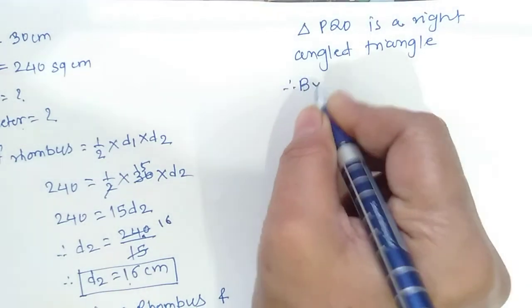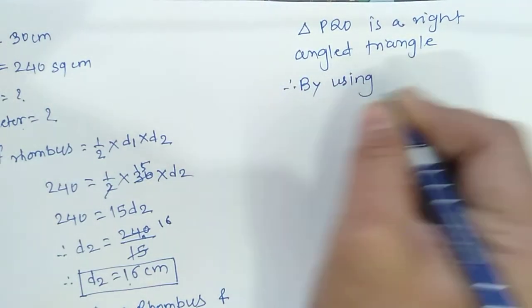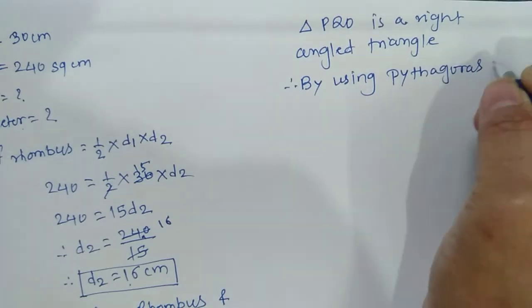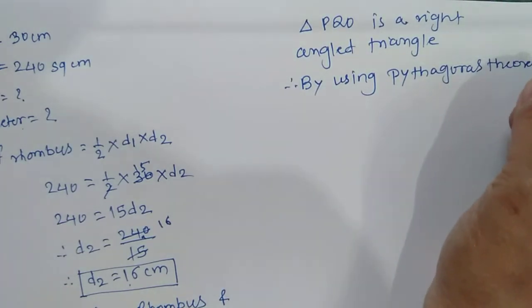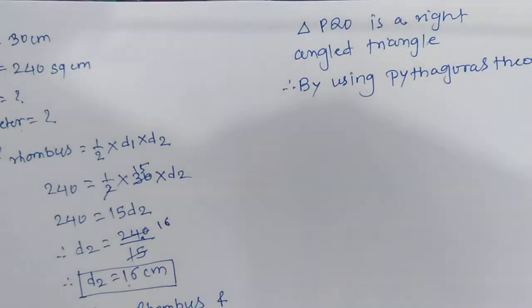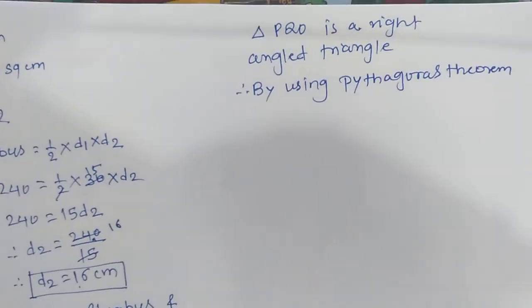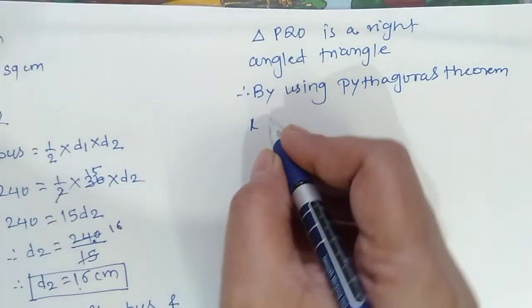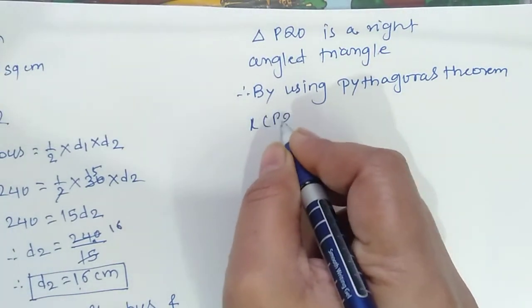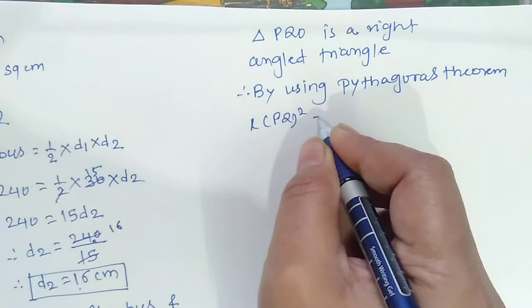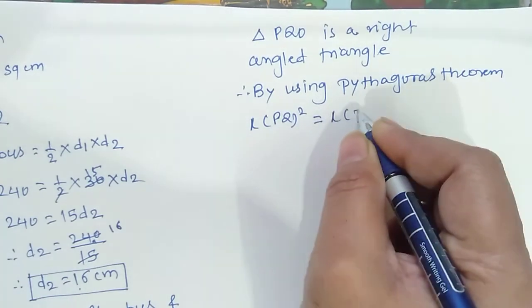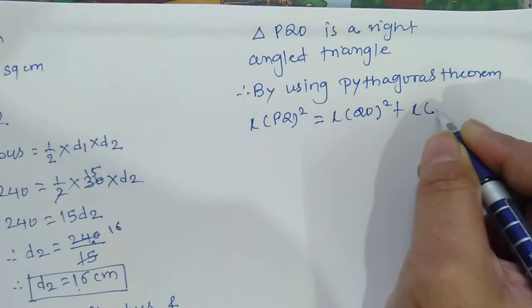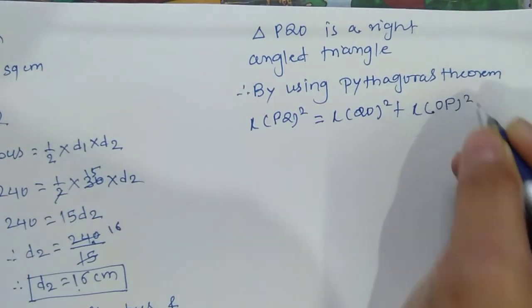Therefore by using Pythagoras theorem, length of PQ square is equal to length of QO square plus length of OP square.